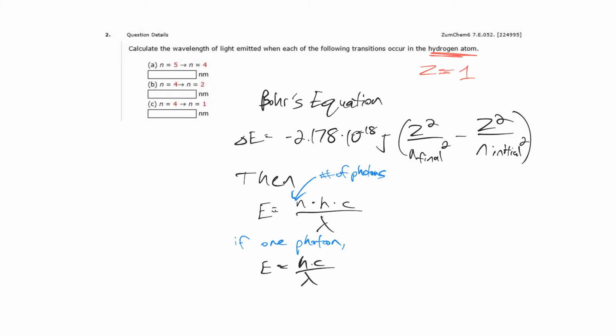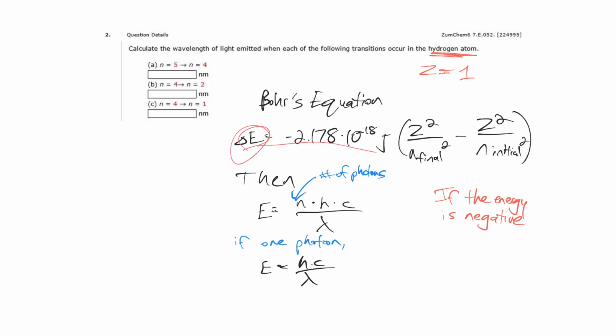One other little bit before we start plugging and chugging here. When you solve for the energy, if the energy is negative, it's okay to make it positive when plugging into this equation.